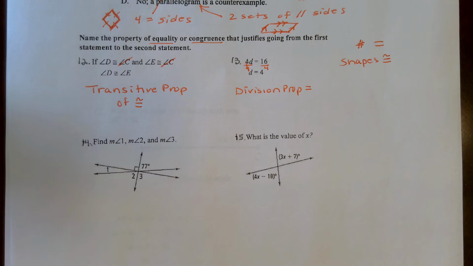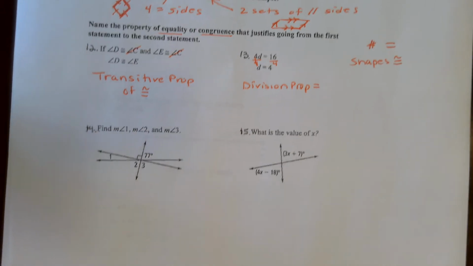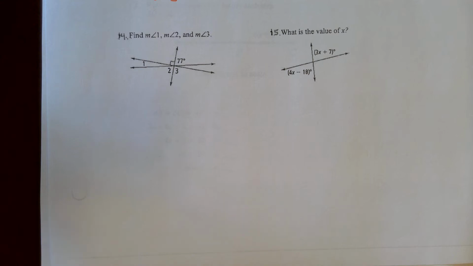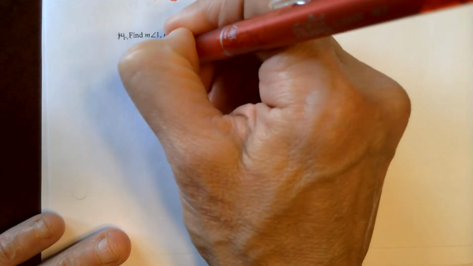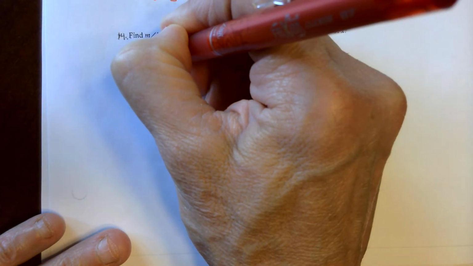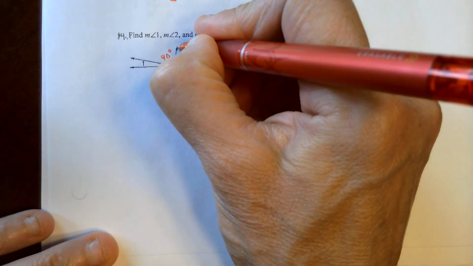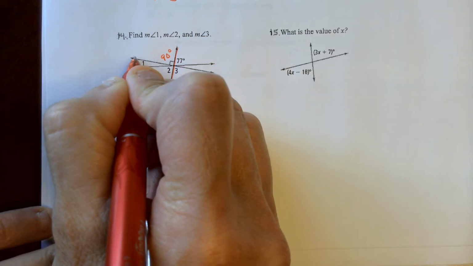14. Find the measure of the angles. Okay, when you're given these pictures and you have to figure out the different angles, first thing you want to do is make sure everything's on your graph. So when I look at this, I right away want to put a 90 degrees in there. Then I see some vertical angles. Do you guys see them? Here's two lines that cross.